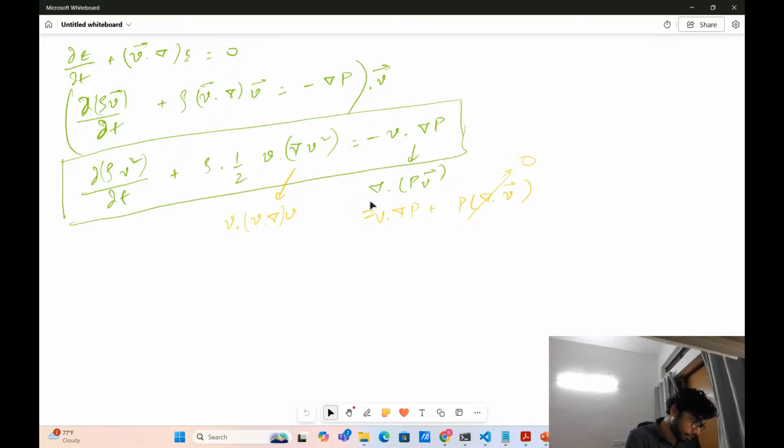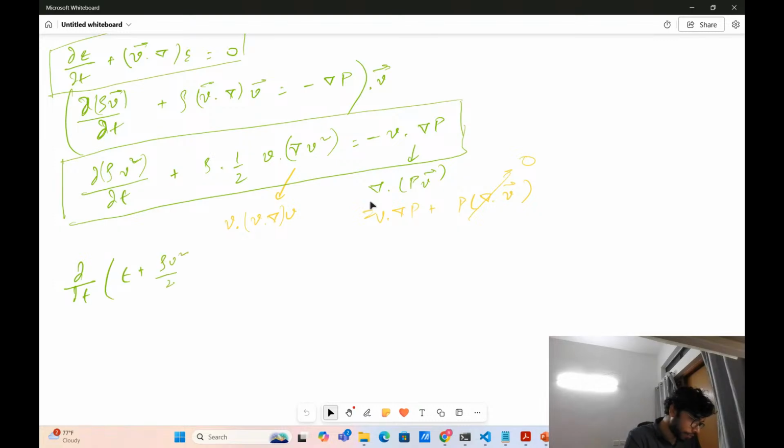Okay, let's have a look at this equation, and this equation. And what we should do is let's add them up. So we have del t of epsilon plus half rho V square.